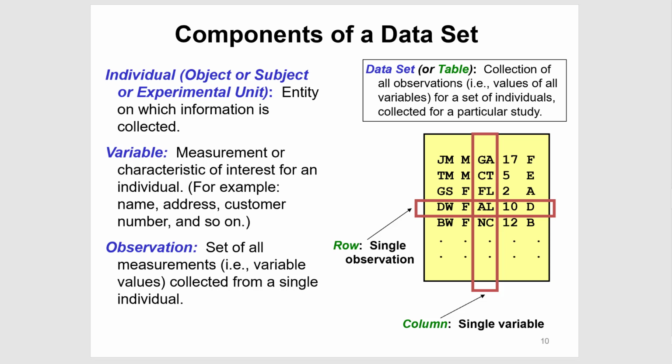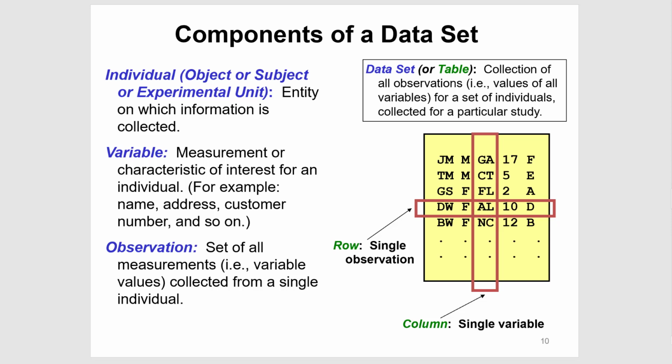In that data set, each row is a single observation from a particular individual. The columns in here are the variables, those characteristics that were important to us. Now we can look at a single observation, such as this, coming from the state of Alabama, that particular individual was born in Alabama.